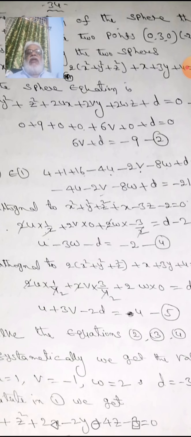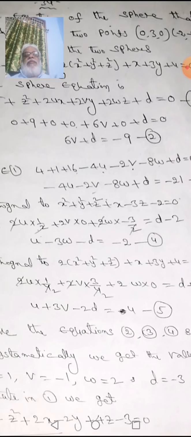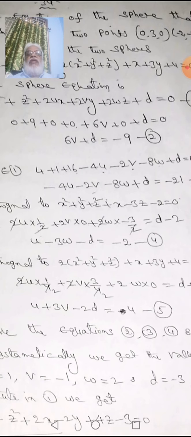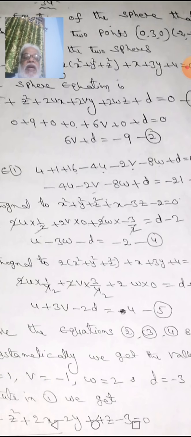Like that, if you take the third and fourth, in the same way you cancel d. Again we get u, v, w equations. You take first and fourth, second and fourth, like that, you get u, v, w. You practice these techniques.